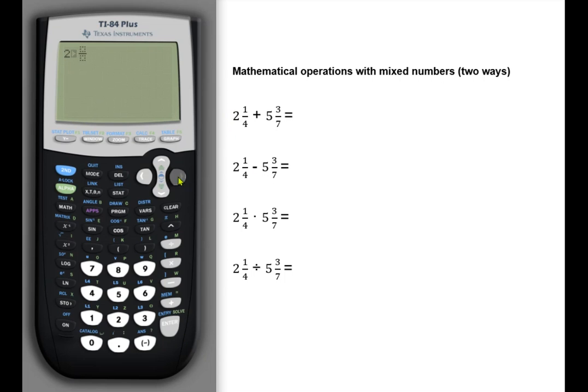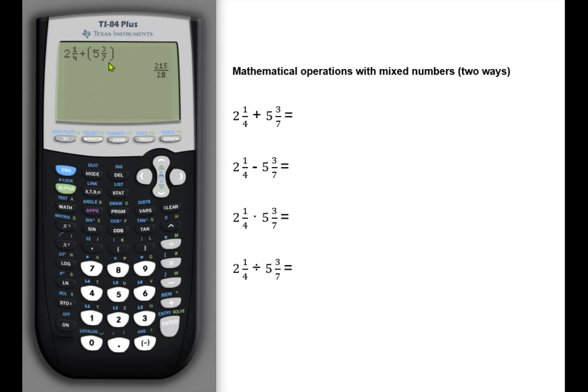We have 2 wholes and 1 over 4, and then plus, and again alpha y equals, pick number 2, hit enter, and enter your number. 5 wholes and 3 over 7. And hit enter. You will get your number as improper fraction. If you want to convert to mixed number, you can do that as well.